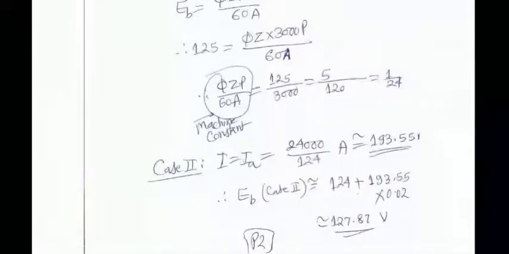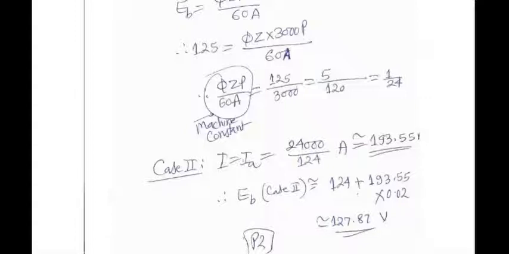So the load current, which is same as armature current, is 24,000 divided by 124 amperes. It turns out to be 193.55 amperes. Sorry, not volts, amperes. 193.55 amperes is the load current. So EB in this case will be 124 plus IARA.